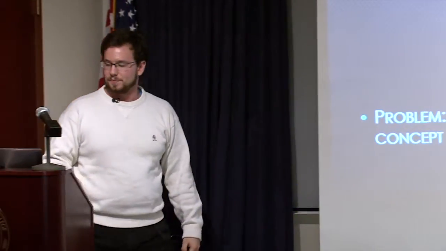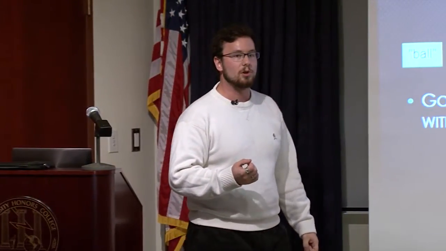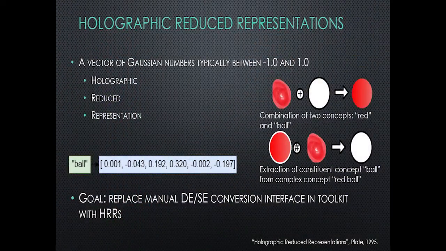So what we did is we used a method of representation called holographic reduced representation. And basically, it's a big fancy name for something that's not as scary as it sounds. You have a list of decimal numbers chosen from a uniform distribution between -1 and +1.